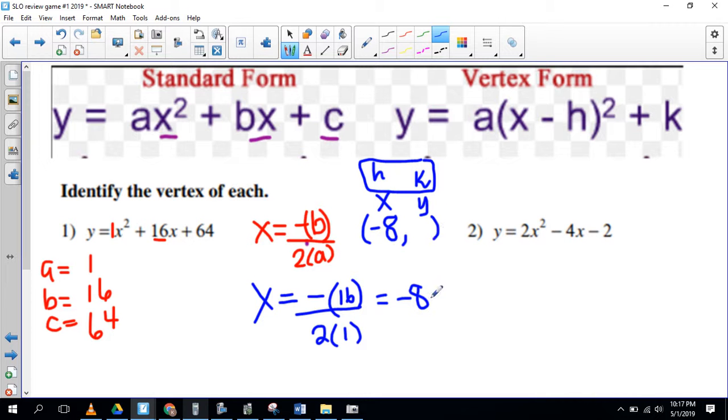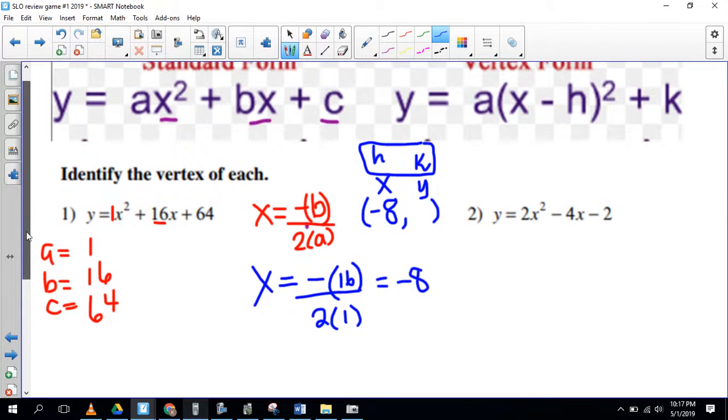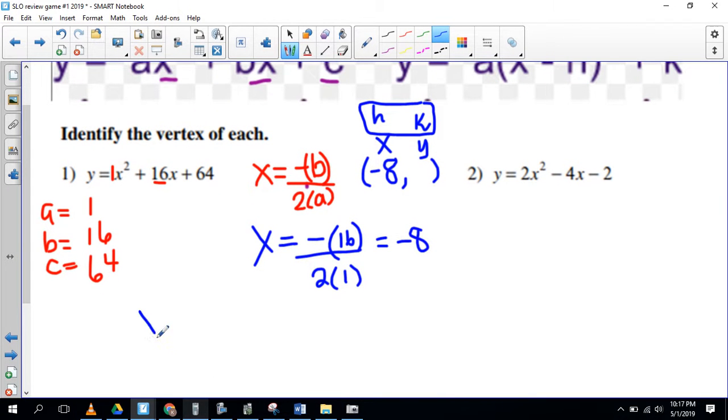Okay, now what we're going to do, just like before when we were identifying the vertex, is plug in negative 8 for x in our original equation. So x squared plus 16x plus 64. And we're just going to plug in 8 for x.